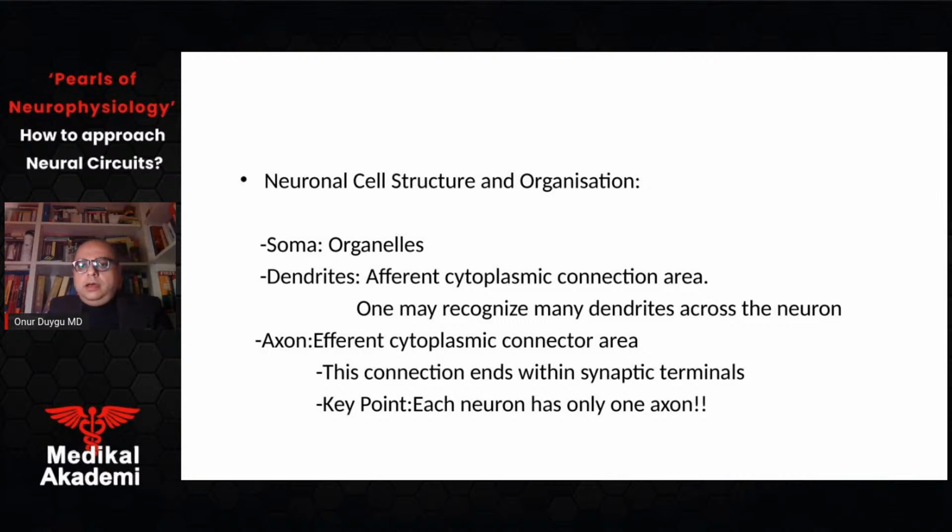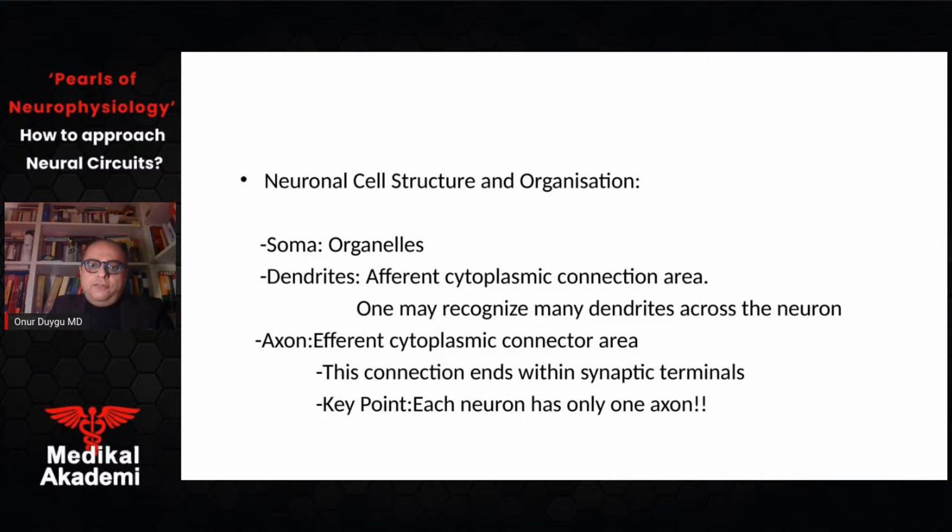This is very high yield for board purposes and lab studies. One may recognize many dendrites across the neuron. One neuron has many dendrites, but only one axon.